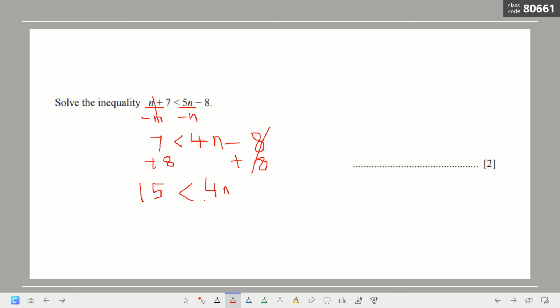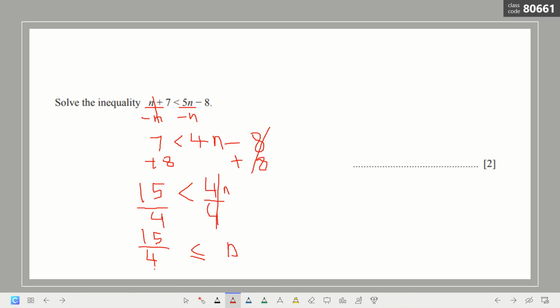Then I divide both by 4. Divide here by 4 and divide this by 4. 4 divided by 4 is 1. That means n is greater than 15 over 4.